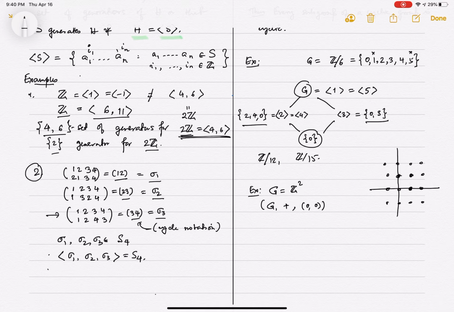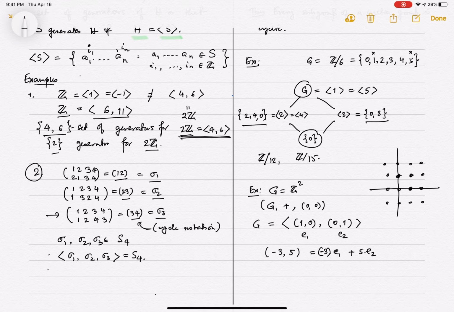You can check rather easily that G is generated by the standard basis vectors (1, 0) and (0, 1), if we call them E1 and E2. Because if you take any element of G, like (-3, 5), you can write it as -3 times E1 plus 5 times E2.